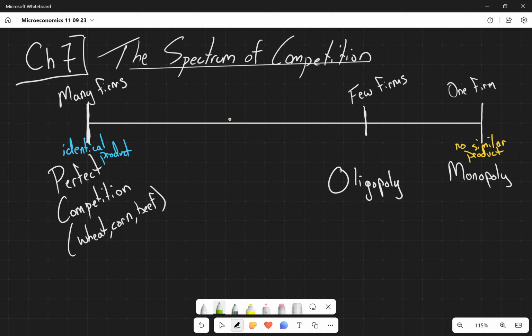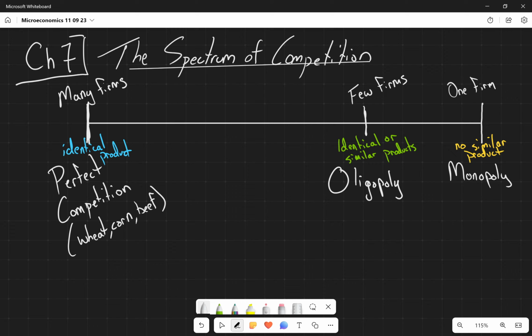Oligopolies are kind of unique because they have identical or similar products. So there's a little bit more variation, but not a ton of variation.